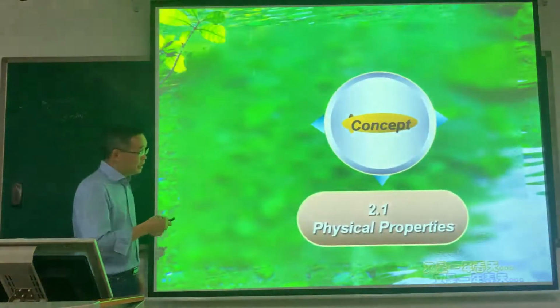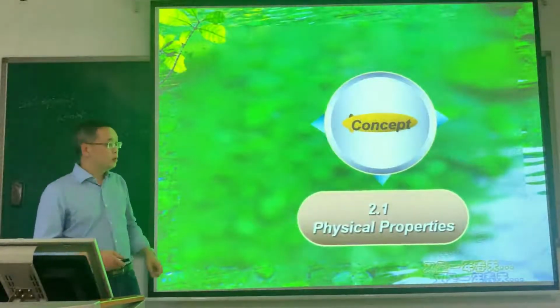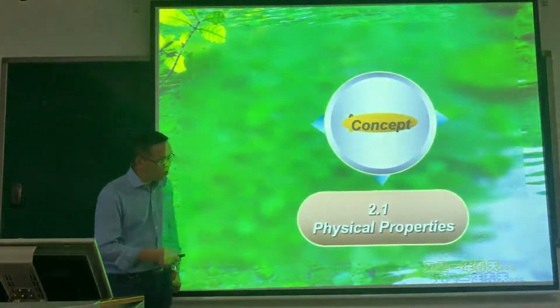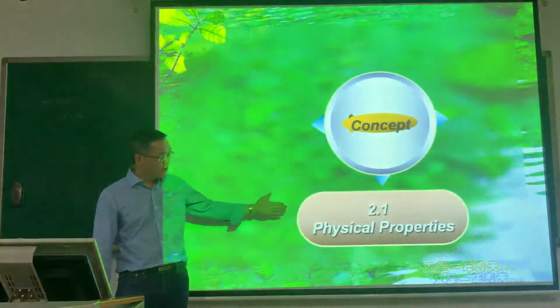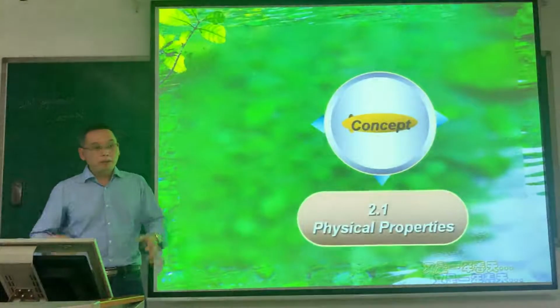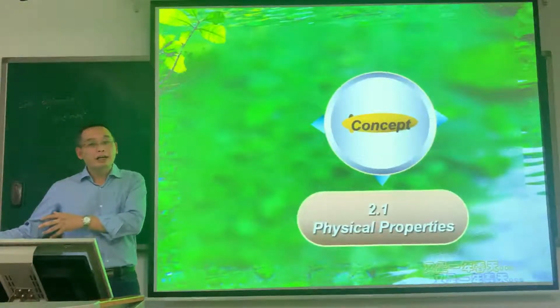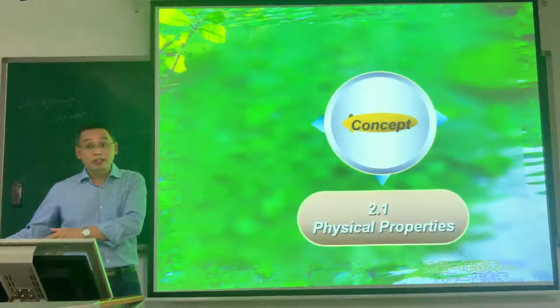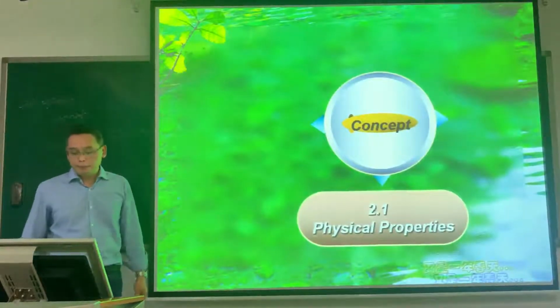In these concepts, the first one we need to know is about the physical properties. If we learn something about the physical properties, then in nature we need to study the mechanical property.